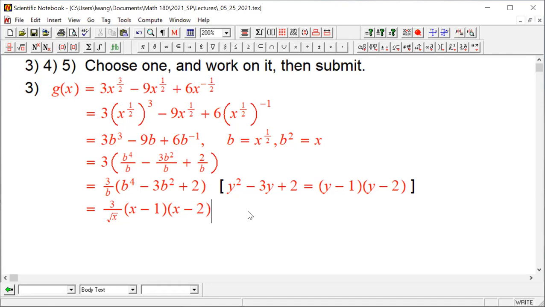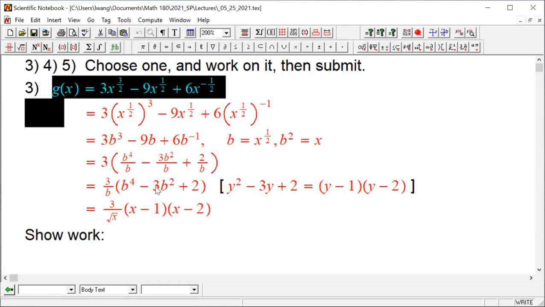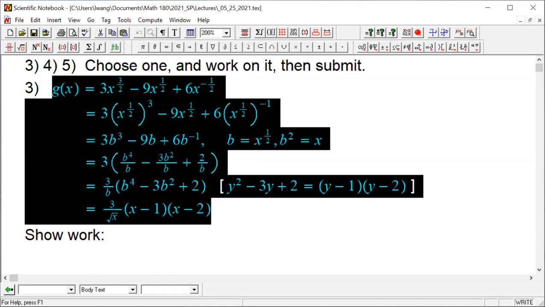And then simplify it. Of course, we have all these substitutions. Oh, we're near the end of the class, so let me show you, once you're familiar with these, there's a lot of details, but in terms of showing work, you can totally do the following. I'm going to trim some of the work.